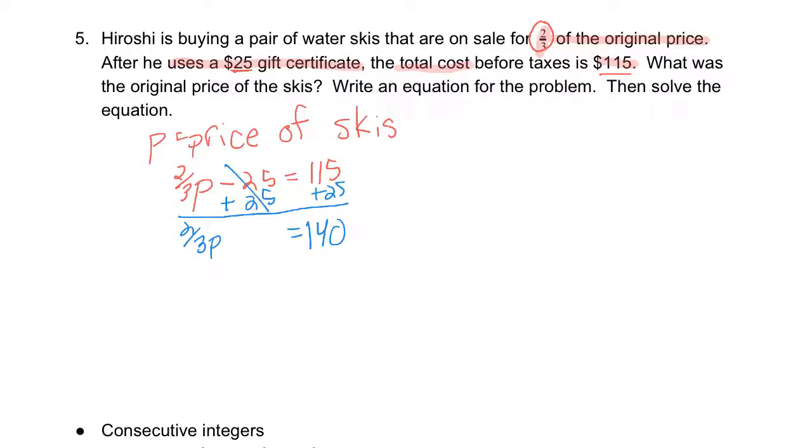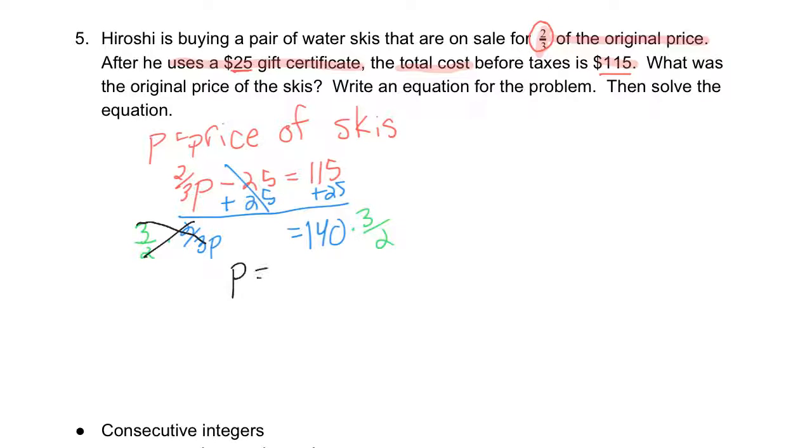So now we want to figure out what the original price of the whole shadoodle was. So we need to multiply each side by the reciprocal, the fraction upside down. All right, so when we take 3/2 times 2/3, 3's cancel out, 2's cancel out.